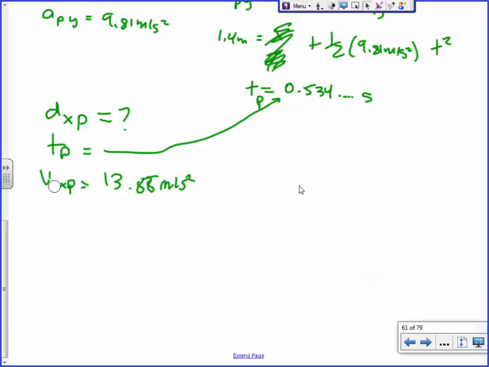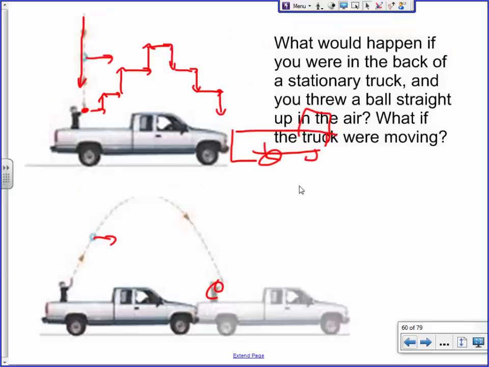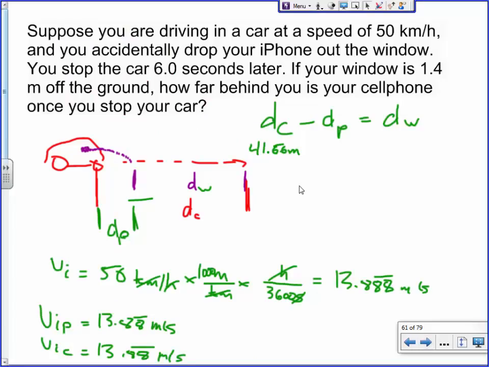It will always be traveling that same speed in the x direction. In the y direction, it's speeding up. Right? But as it's going forward, it's always going that same speed forward, just like the truck is. As I throw the ball up in the air, it's always going forward at the same speed. It's the up and down direction that changes.